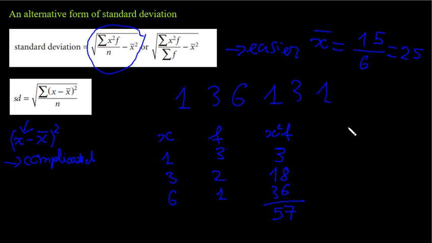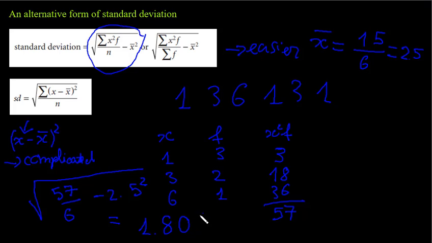When we apply this formula, the square root of 57 over 6 minus 2.5 square results in 1.80, to 3 significant figures.